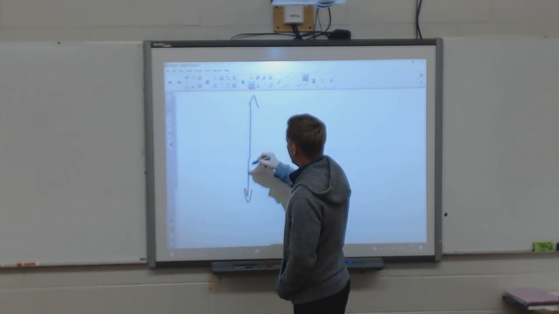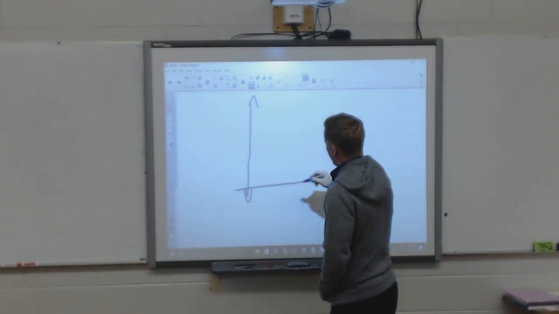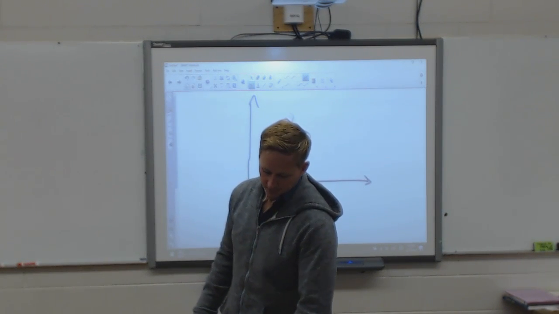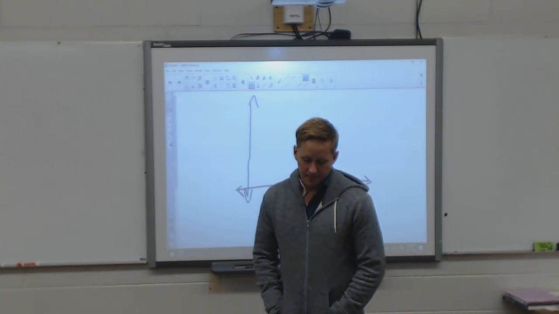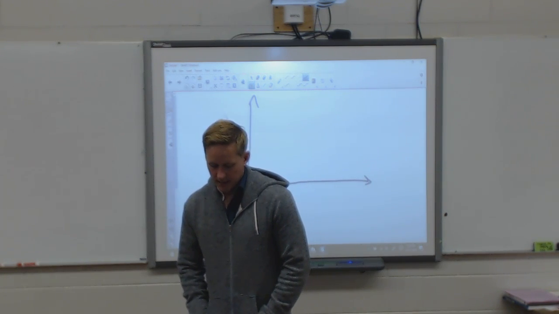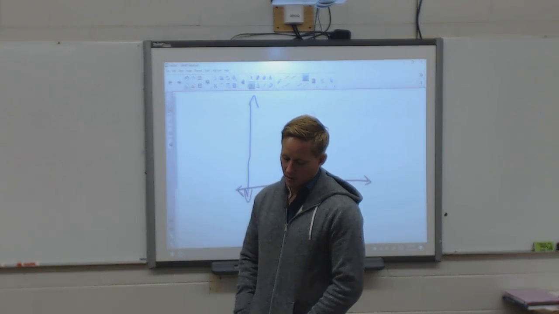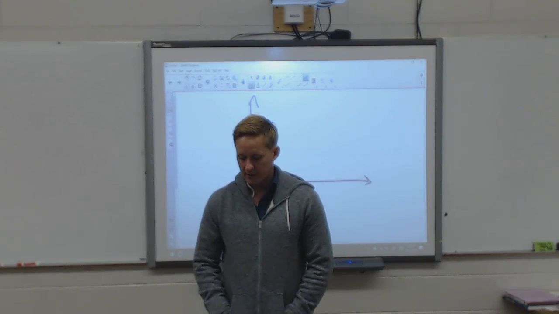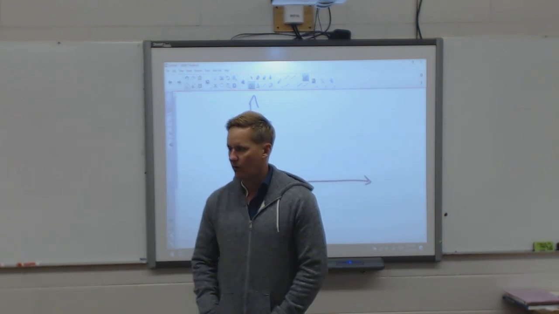I want you to look in your book at the graph given to you on top of page 113. If you're looking at it, they label the dates along the bottom by their intervals. So 1980 to 83, 83 to 86, 86 to 89, and so on.